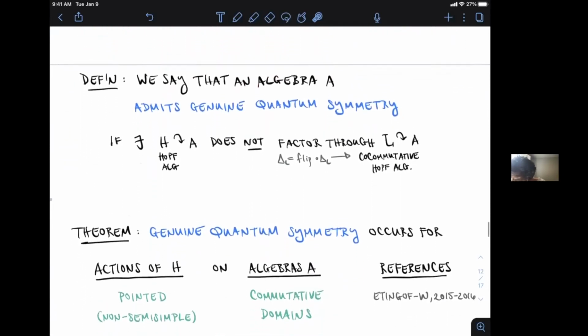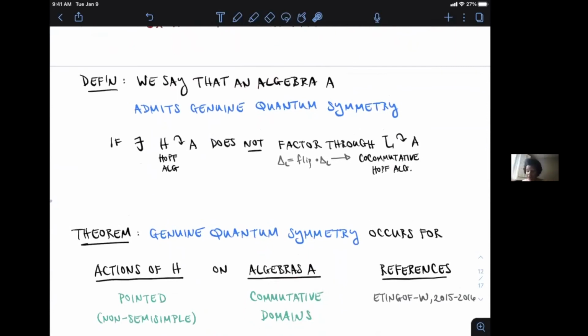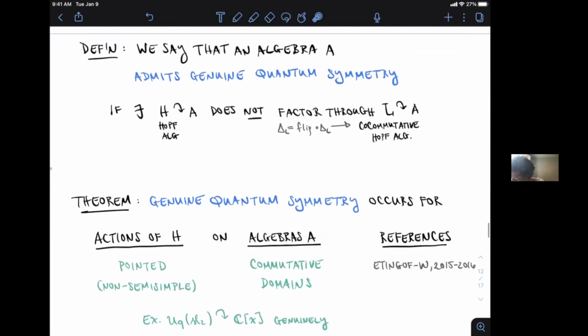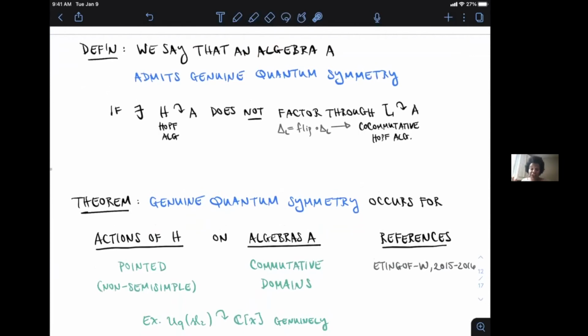So above, I said that if you act on a commutative domain with a semisimple Hopf algebra, no go. You just stick with groups. But now when I take this other track and I act with something that's more Lie theoretic, then I get genuine quantum symmetry.